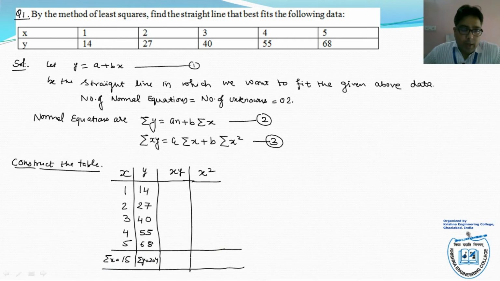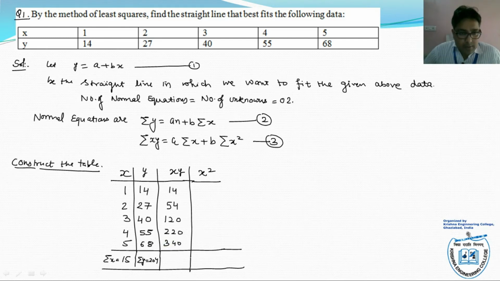Now find x into y. 1 into 14 is 14. 2 into 27 is 54. 3 into 40 is 120. 4 into 55 is 220. 5 into 68 is 340.